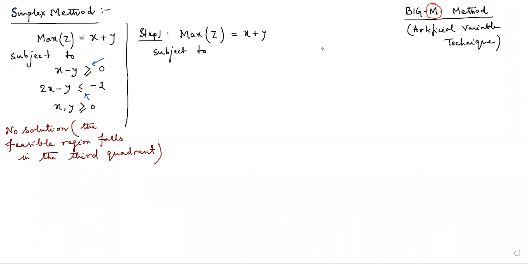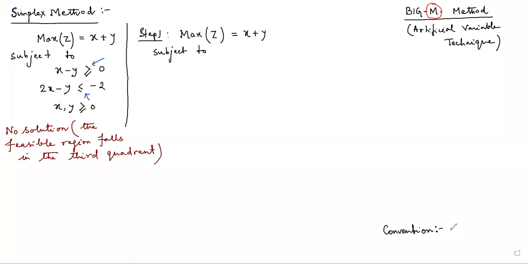There are some conventions which are followed in the simplex method and simplex algorithm, as well as in linear programming problems. One such convention is the following: we do not keep anything negative on the right hand side of the inequality. I'm writing the convention over here. These conventions are not specifically mentioned in any book, but you have to note them down somewhere.